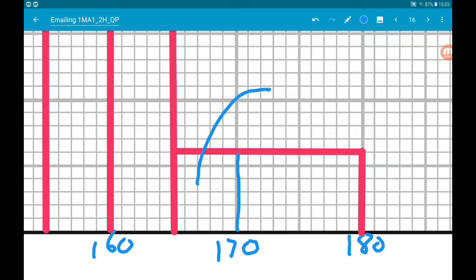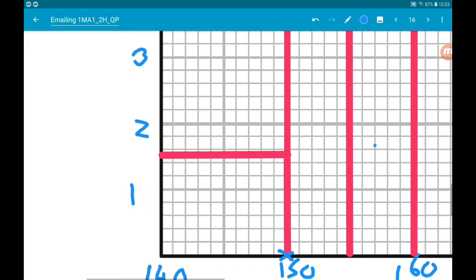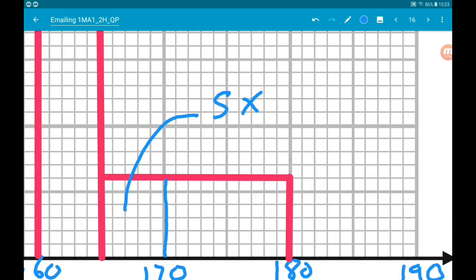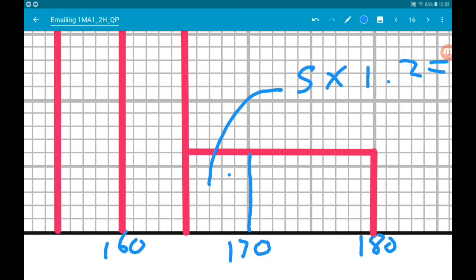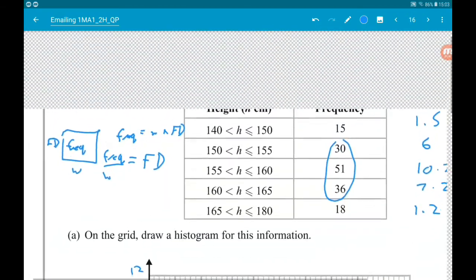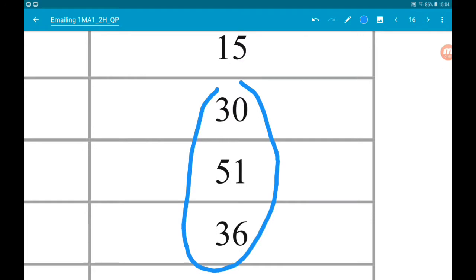So that is going to be 5 times 1.2, which is 6. So we need to add these 3 together with 6.